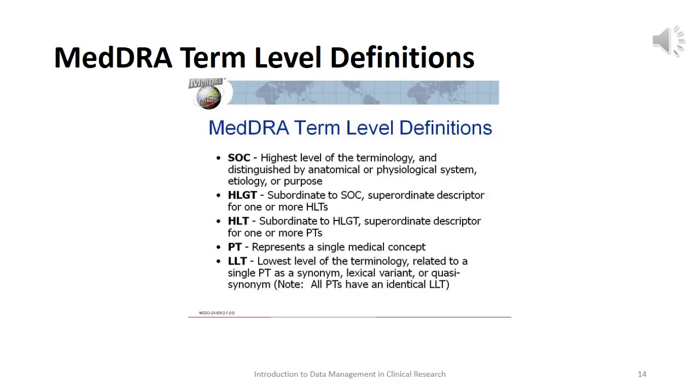But at each progression along the way, we're going to add a little more detail to it. So what we are hoping to do with our dictionary is get down to the preferred term, which is what we want to use in our clinical trial to identify those medical diagnoses that the patient is going to experience during the course of the trial.